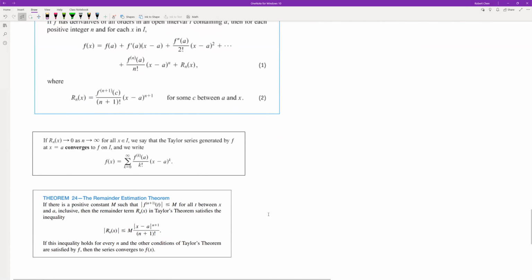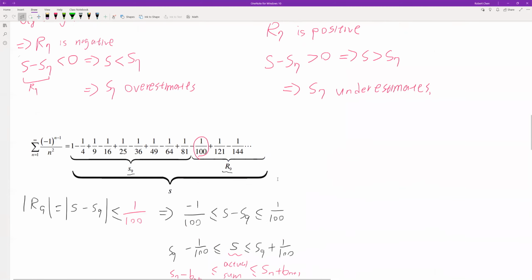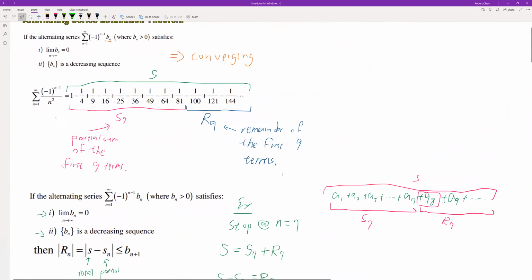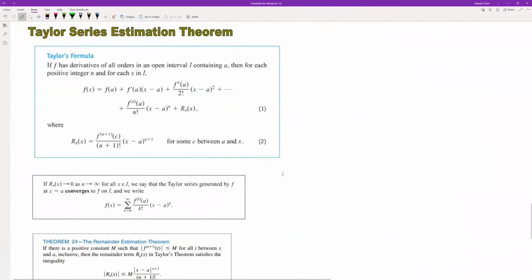Now this is actually optional for this class, so I'm just going to show you in a few what the theorem says, and if we have time at the end of the semester, we will cover this as well. But for now, this is just something to look at. What I really want you to focus on is the first thing, the alternating series estimation theorem. This is the stuff that you actually need to know. For the Taylor estimation theorem, we don't have to worry so much about that. And that's it for today. Thank you guys very much.